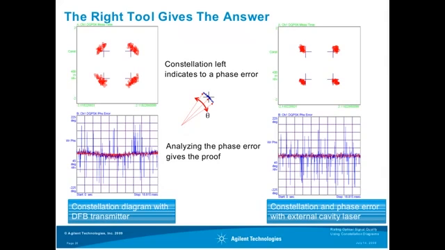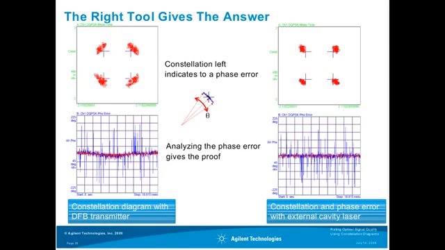And here I have shown you the corresponding constellation diagram that can be seen if you use a DFB laser as a transmitter. If you look at the constellation diagram, you can get the first indication that the phase error might be the cause of this distortion. You might be aware that in the constellation diagram, this direction represents the phase, whereas the distance to the origin represents the amplitude.